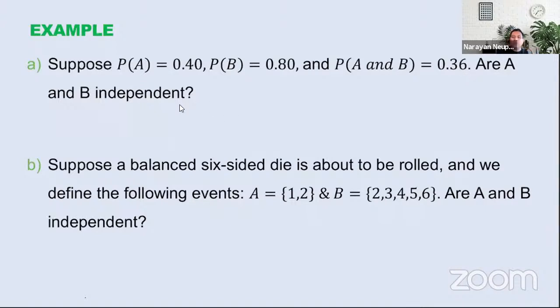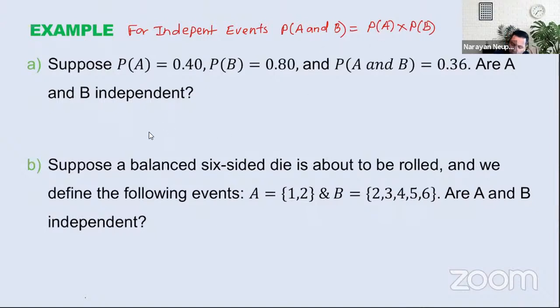If they are independent, then probability of A times probability of B is equal to probability of A and B. For independent events, probability of A and B must be equal to probability of A times probability of B. The values must be equal. If you find this product, it should be equal to probability of A and B.